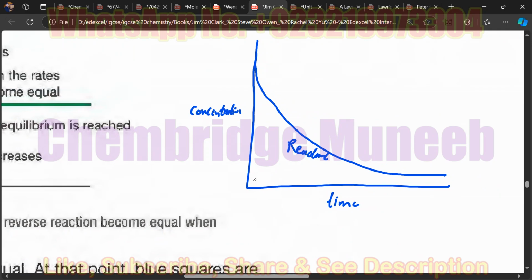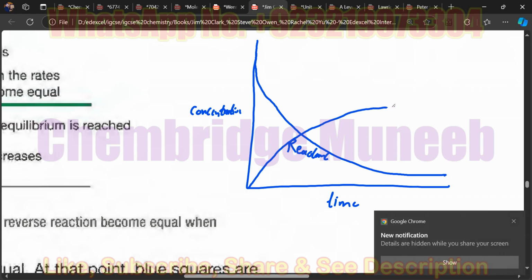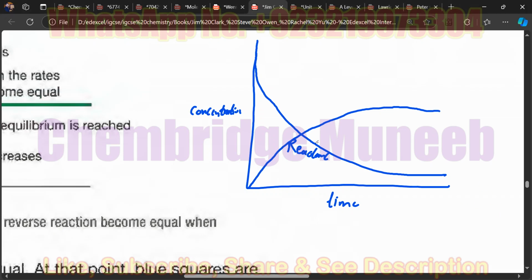And for the products, we'll plot a graph like this, in which the amount of the product is increasing, and then it reaches a certain point, after which it becomes horizontal. So this graph indicates the amount of the product as the time passes.